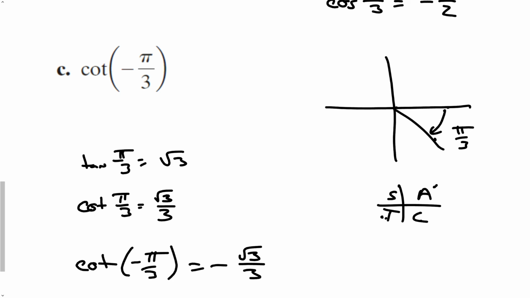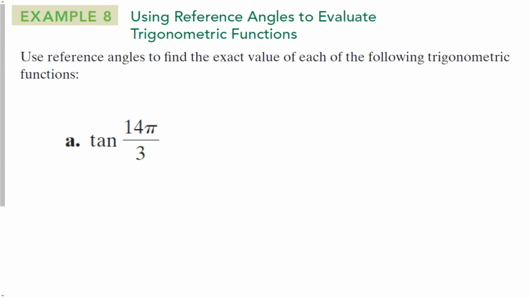All right, so let's now use the same stuff, reference angles, to evaluate these trig functions that are bigger than 2 pi or smaller or whatever. The first one here is the tangent of 14 pi over 3. Let's just subtract 2 pi because that's bigger than 2 pi.